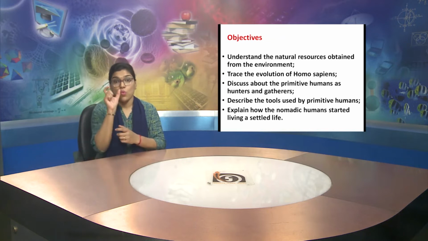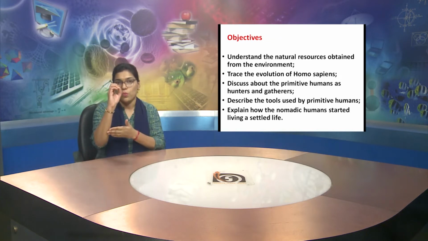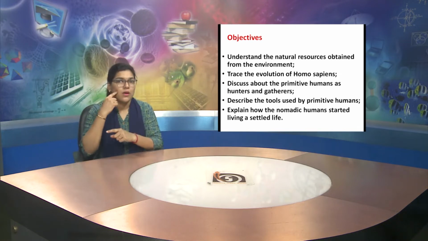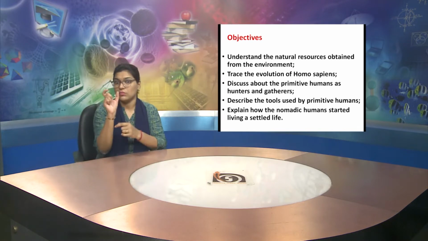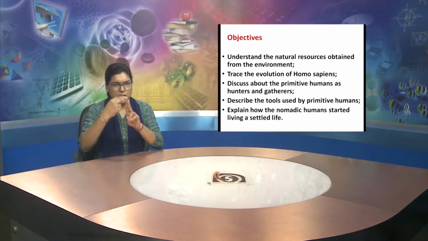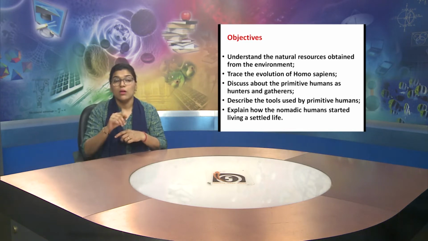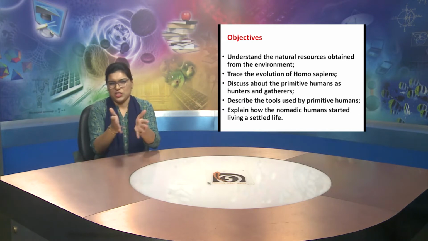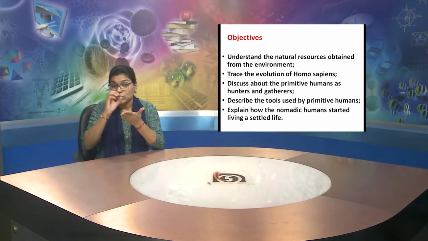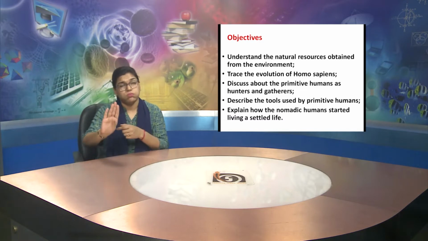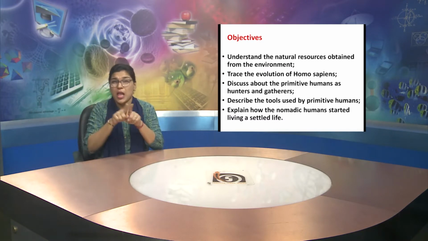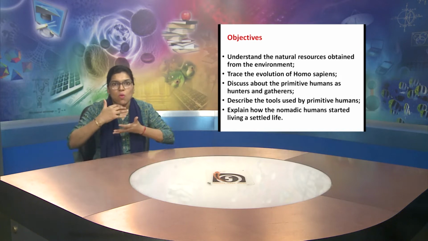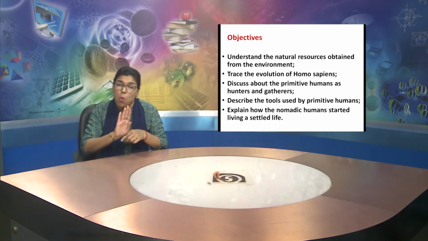The second objective is that we will be able to understand this word Homo sapiens. This is the scientific name of the human being. We all must be aware and remember that Homo sapiens is the name.